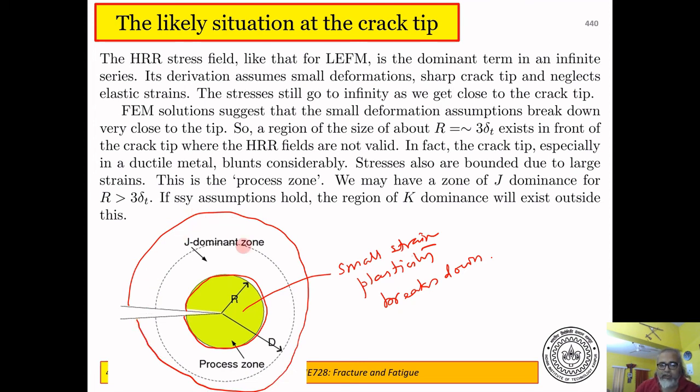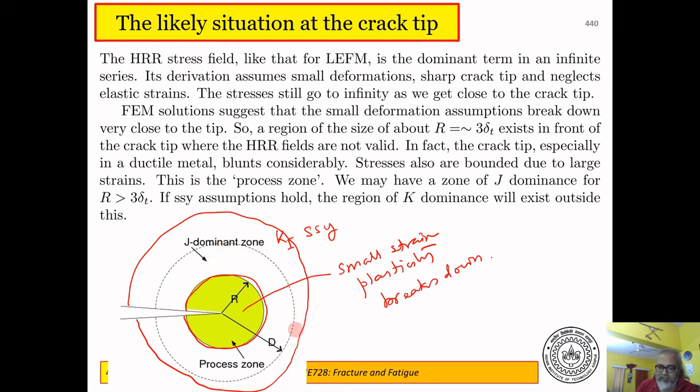And if this K dominant zone is much bigger than the J dominant zone, then the K that you have applied on this, K1 let's say, will govern the J inside. But that is your small scale yielding. But it may happen that you don't have a K dominant zone.